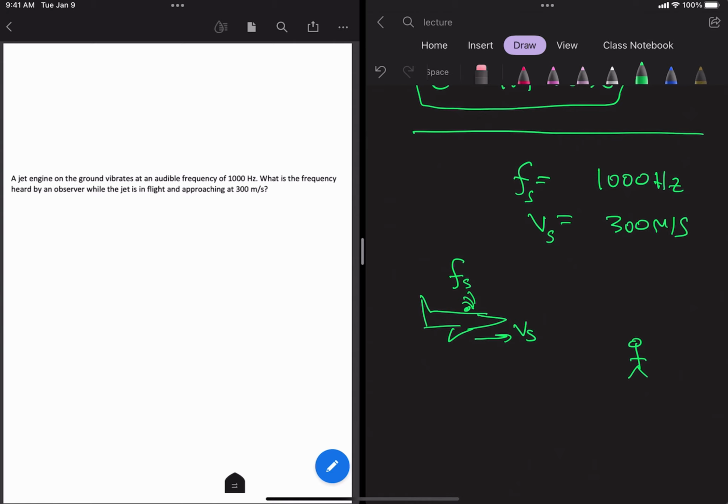But now, as the jet is moving, it's sending out sound waves, and those sound waves are traveling with the velocity of sound. I'll just call it velocity W for velocity wave. And because the jet is approaching the observer here, the sound waves are going to get compressed. So the frequency that the person receives is going to be a different frequency. And we're trying to figure out what that frequency is.